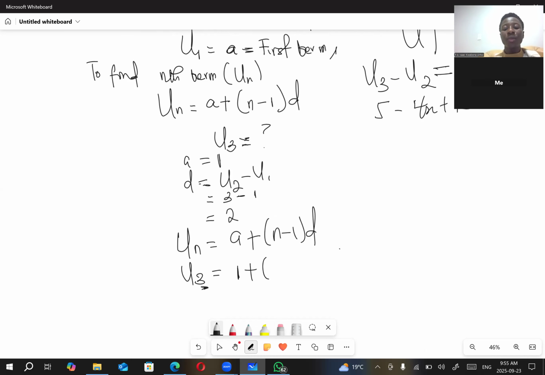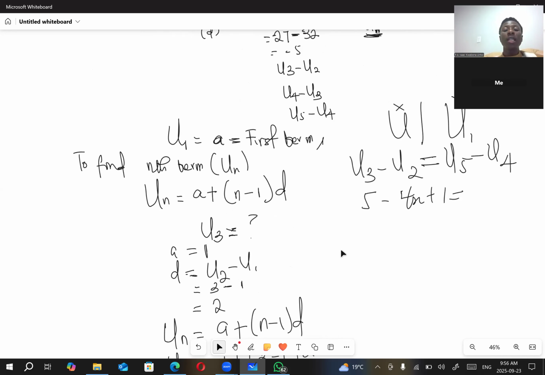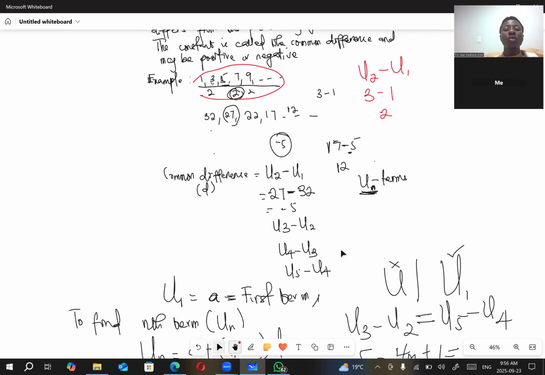So 3 minus 1, and d is 2. So you get 1 plus 2 times 2, that's 1 plus 4, which is 5. Now when you go and check that sequence, the third term there was 5. Do you see it?